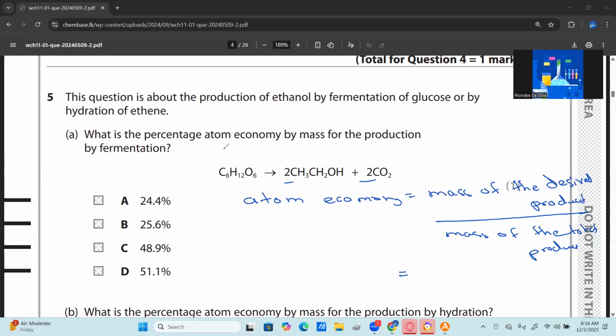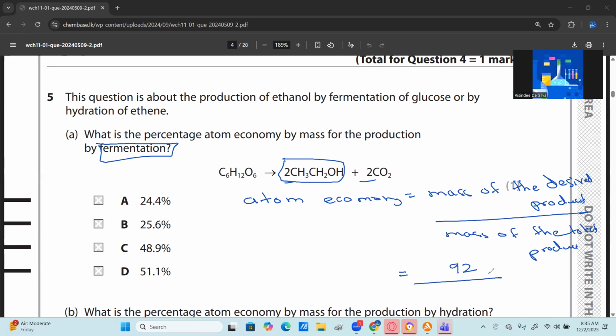So here fermentation means the fermentation product is the alcohol, right? If you take the molar mass of alcohol, we have 2 carbons, 24, 3, 4, 5, 6 hydrogens and 1 oxygen, which is 46. Likewise, there are 2 molecules, therefore it becomes 92.